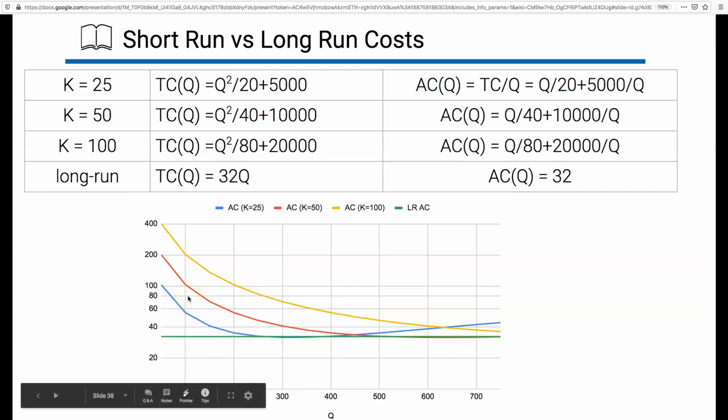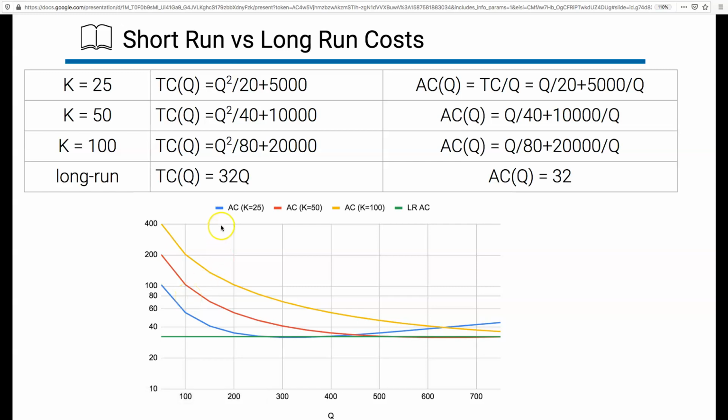What is the relationship between the three different short-run average costs? You can see that as we increase the amount of capital, our fixed costs increase, and so our average costs rise for small output levels.